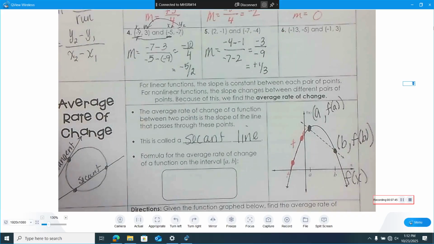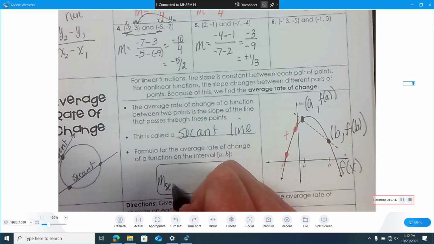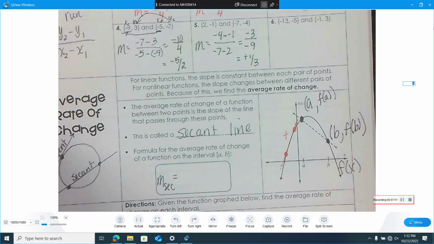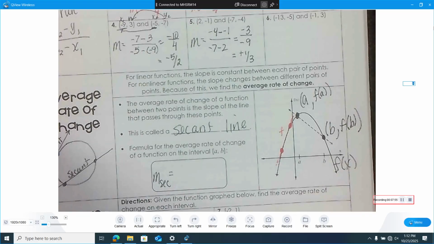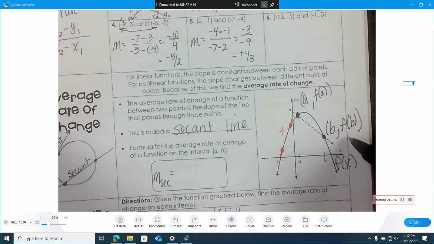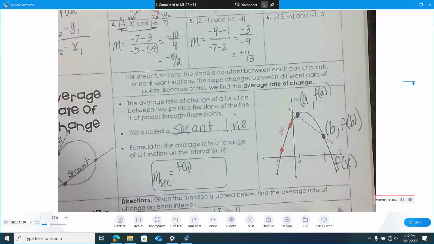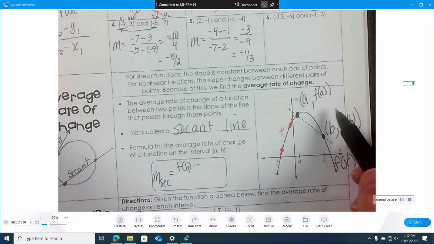And so that's fancy language. We're going to call this the slope of a secant line. So again, a secant is the slope between any 2 points. The slope of a secant line, then, is really just our slope formula. But it's no longer called y2. Now we're a little more specific. The y value is f evaluated at b minus, what's our y1?